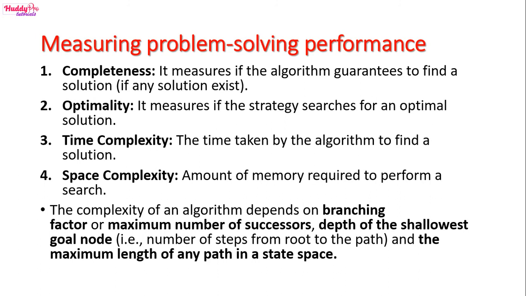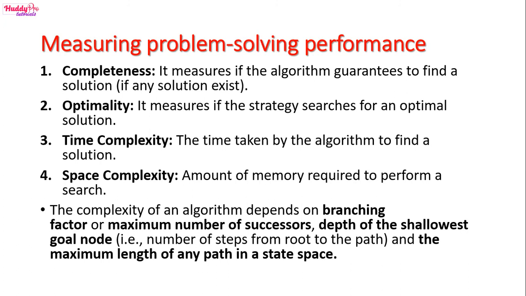The algorithm is measured based on these four aspects: completeness, optimality, time complexity, and space complexity. Completeness is the measure to check if the algorithm guarantees to find a solution, that is, if the solution exists. So we have to ensure that our algorithm is capable of finding a solution.